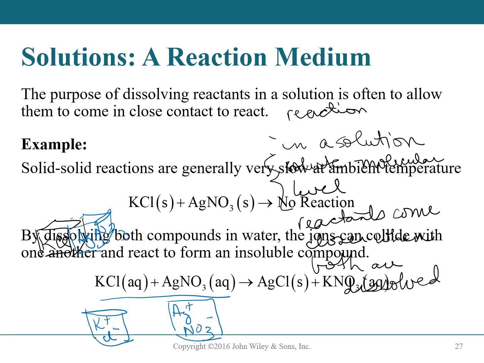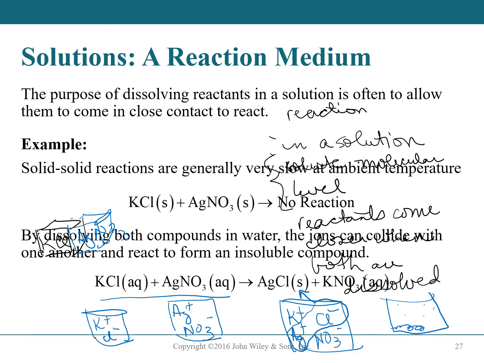So when I mix the two, my potassium ion can either come into contact with the chloride ion or the nitrate ion. My silver ion can come into contact with the nitrate ion, but as soon as it comes into contact with my chloride, it forms a solid. So what you'll see is that my solution gets very cloudy, and give it time, and your solid silver chloride drifts to the bottom.